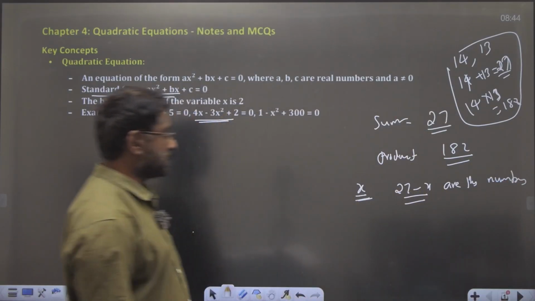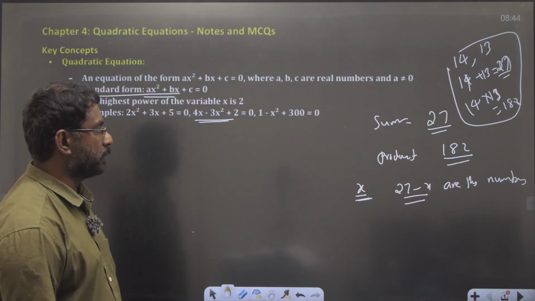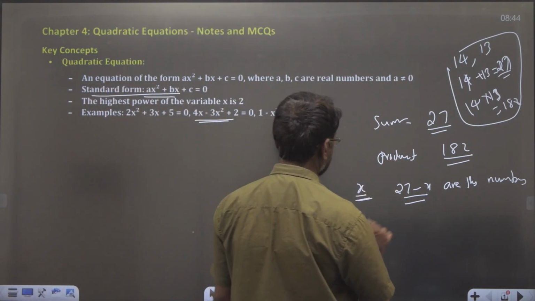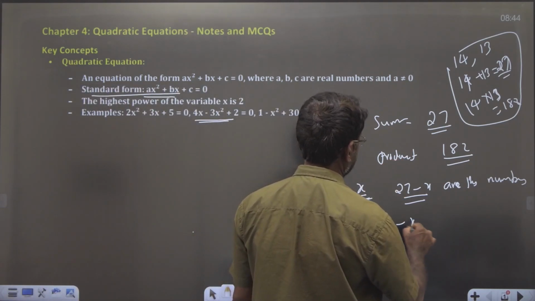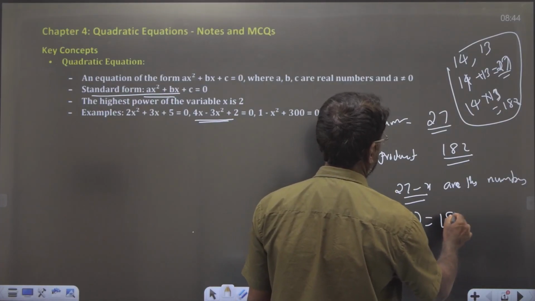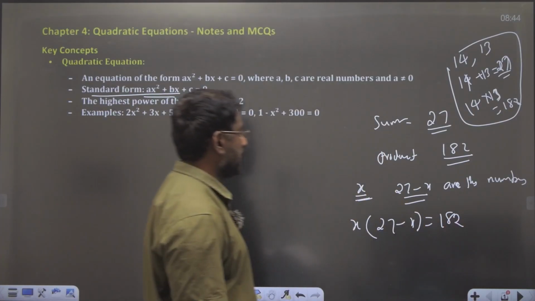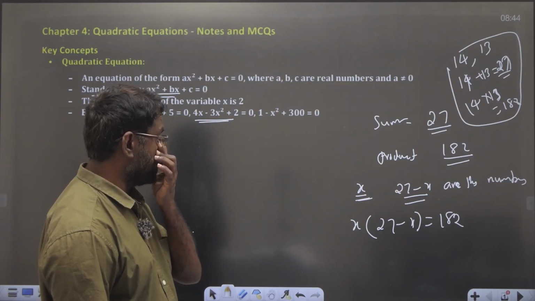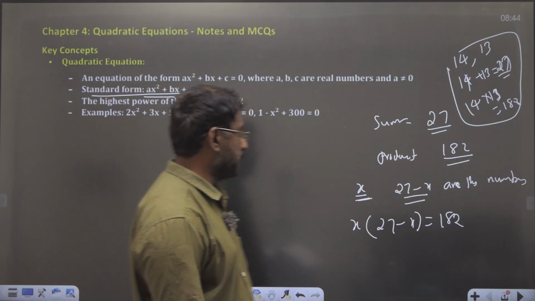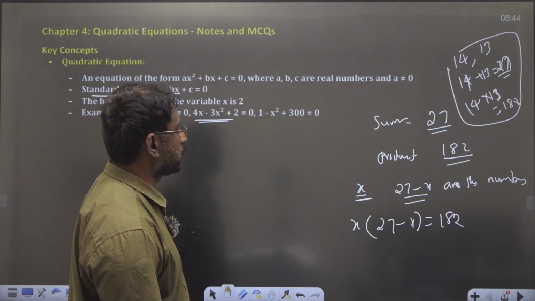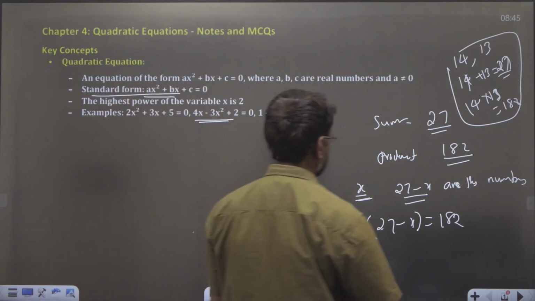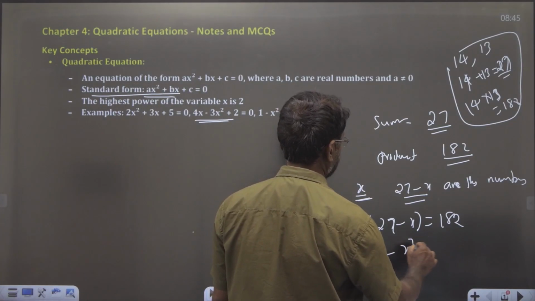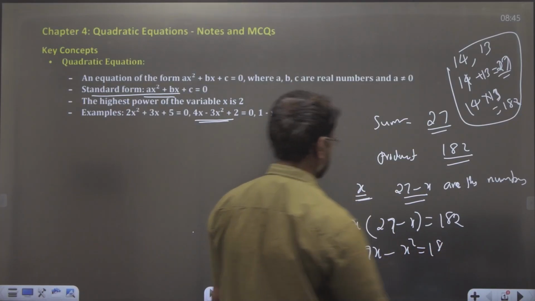As per the question, the product of these two numbers, x into 27 minus x, equal to 182. That is 27x minus x square equal to 182.